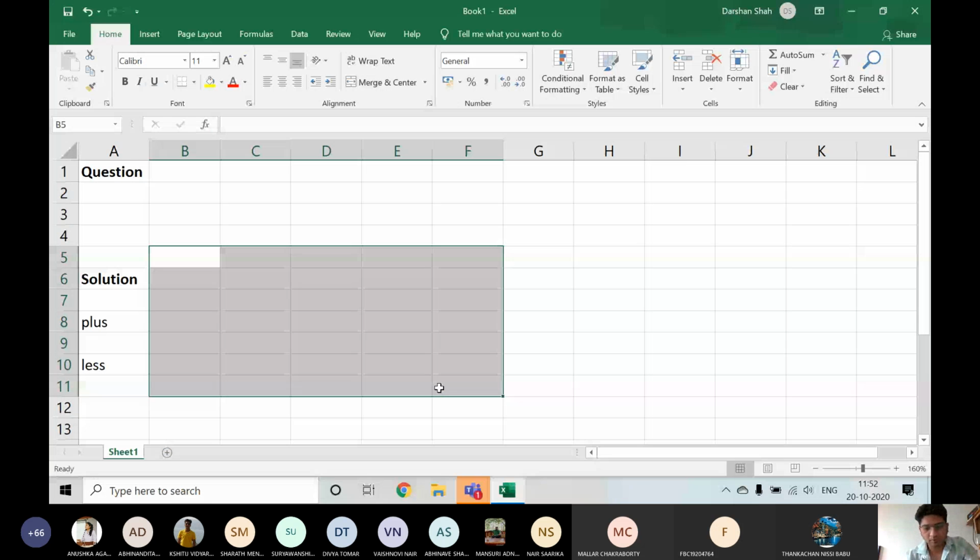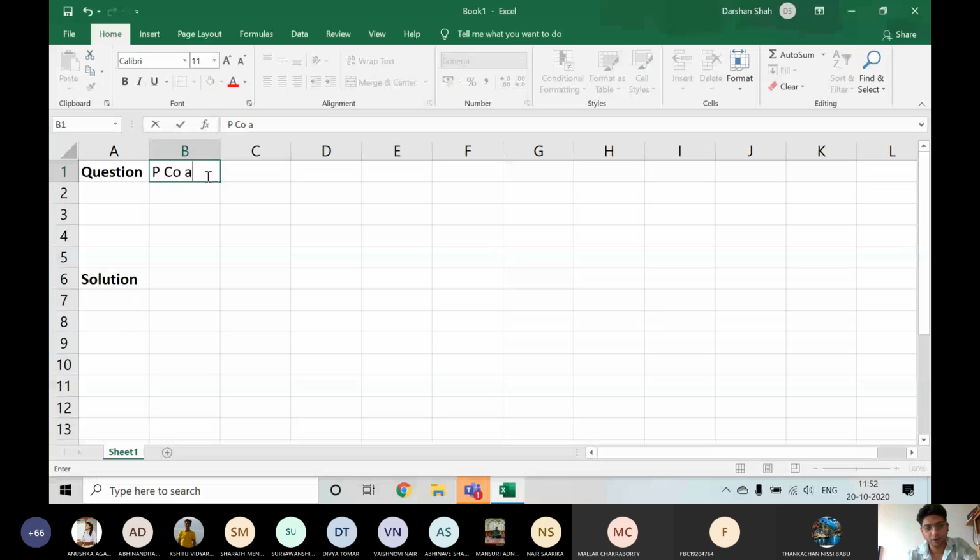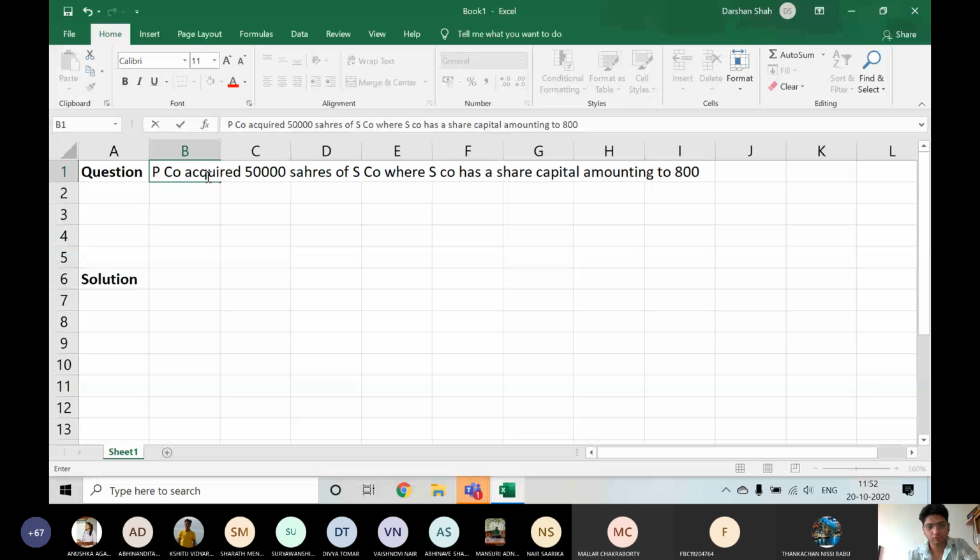So parent company, let us say P company, acquired 50,000 shares of S company, where S company has a share capital amounting to $80,000, and the face value per share is $0.8. So let us say 60,000 or 55,000 shares, I'll take.